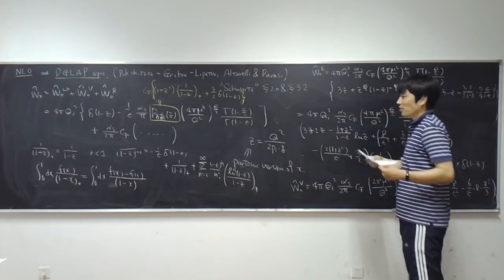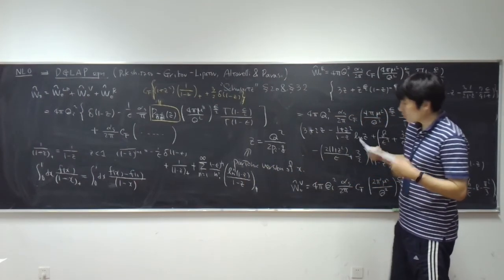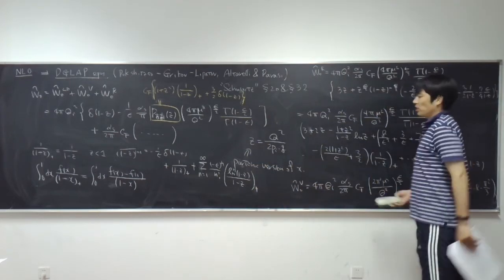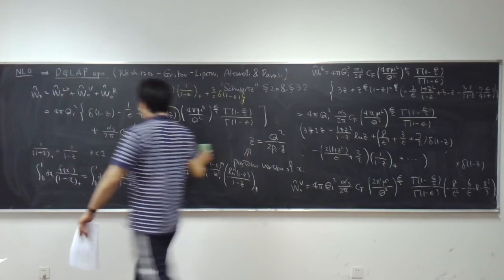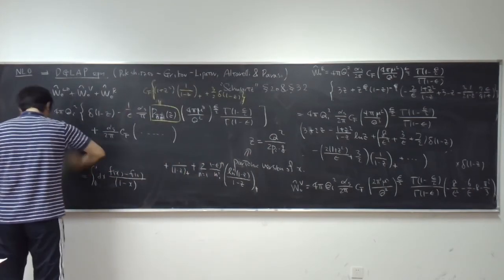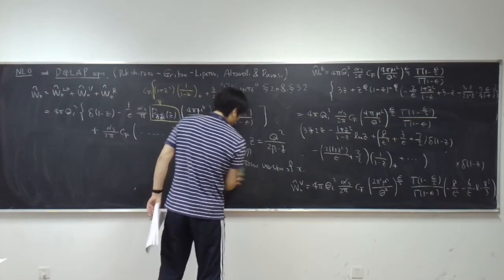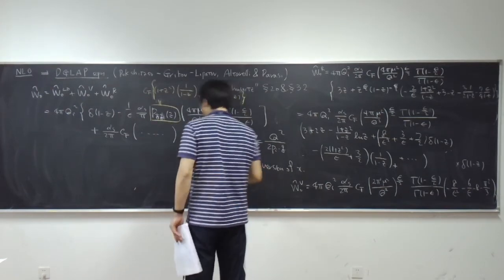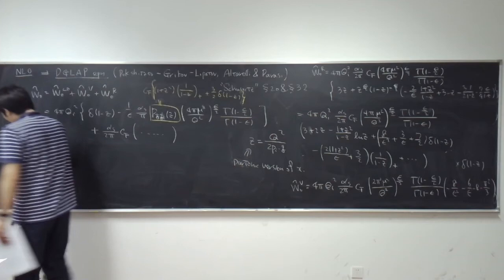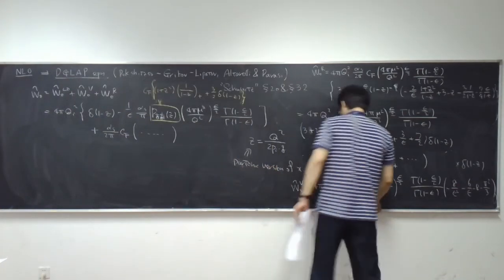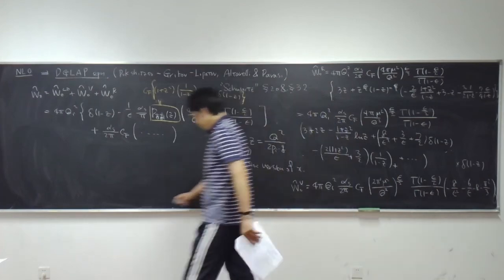Plug this one into the original formula, and what you will obtain is as follows. I mean, it's a super tedious calculation. You will see how tedious the calculation is if you follow it. I really don't want to do that again.